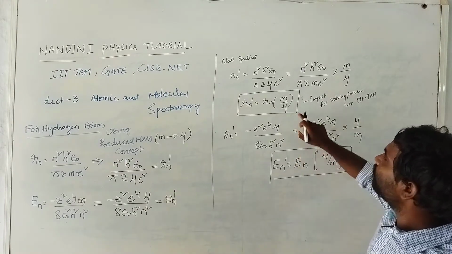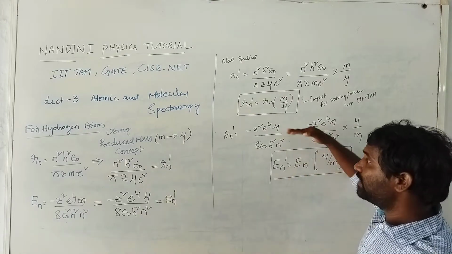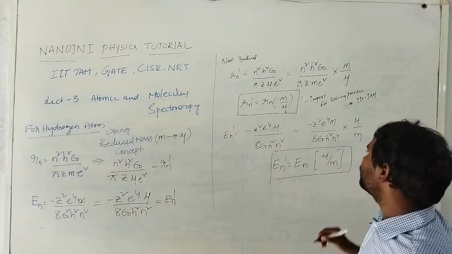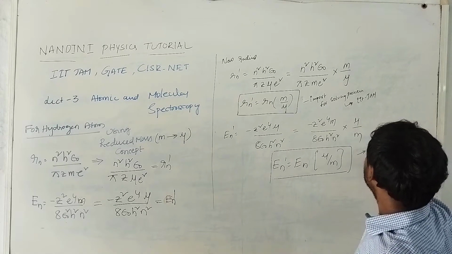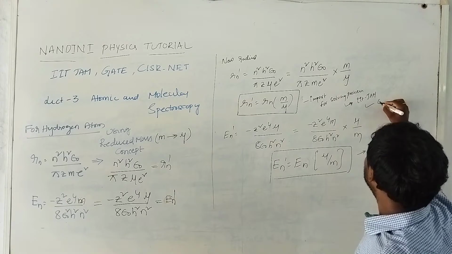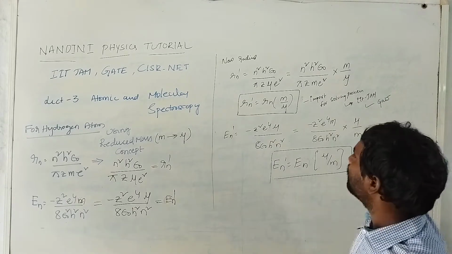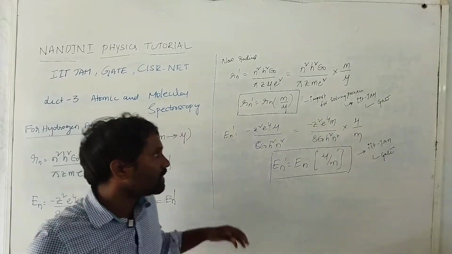Most of the problems will come based on this formula. This is also one of the important IIT JAM level topics, and GATE level also they are asking. So these are very, very important formulas, understand everyone.